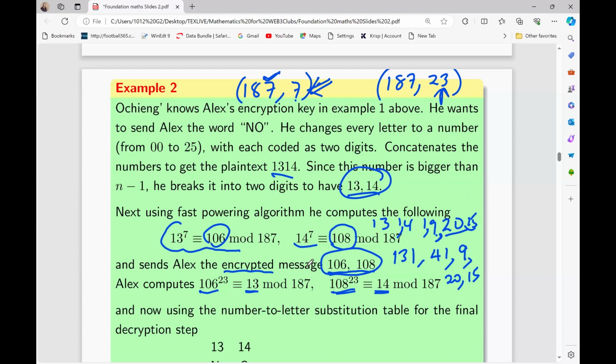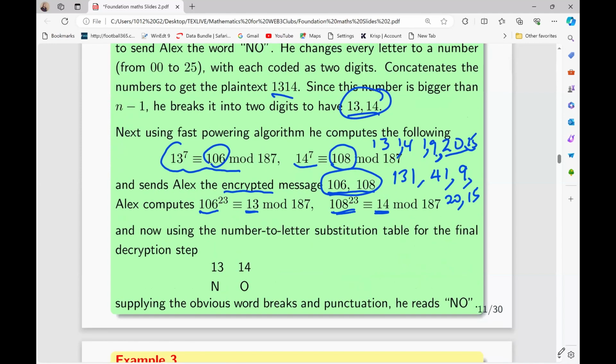So now he has found 13 and 14. He'll go back to the alphabet and find out what 13 is, and what 14 is. And he has the message that Ocheng wanted him to read.